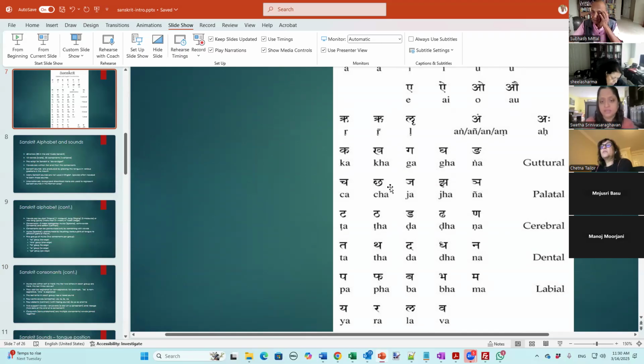So if you were to add, for example, let's pick the letter ka, then if you add this symbol with the two dots at the end of ka, it becomes kaha. That's how it becomes. We'll talk about that later. This is called visarga. And there is ang, which is the dot on top, and it's called anuswara.